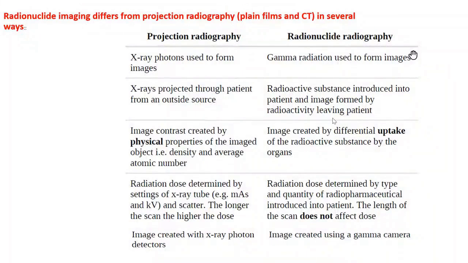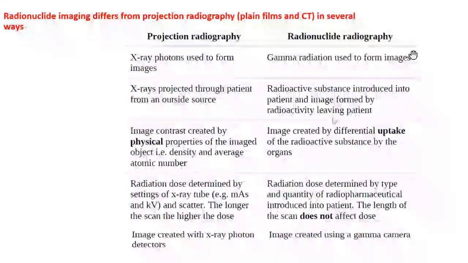When you inject the patient with the radioactive substance, you cannot simply say that you will increase the milliampere. All you can do is adjust something called the dose, which is the amount of administered activity that will affect the patient. This has an impact on image quality, scan time, and patient dose. For example, if I give a high dose of the administered activity, the patient dose will also be high.